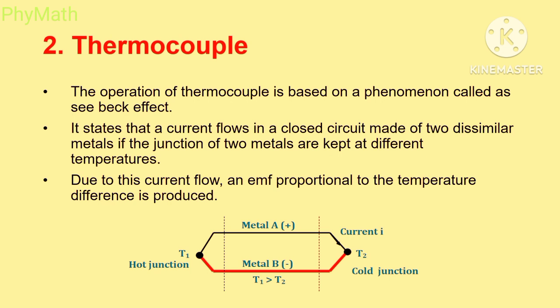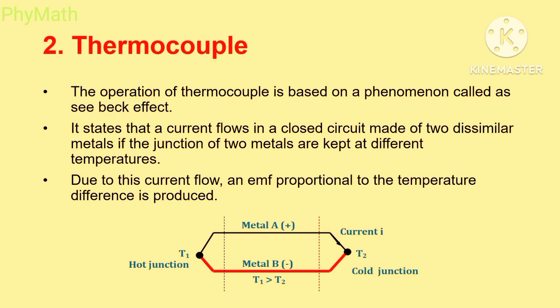Just connect two dissimilar metals with each other, and if the two junctions are kept at different temperatures, then current will flow through that closed circuit, and due to this current flow an EMF will be produced, which is proportional to the temperature difference.